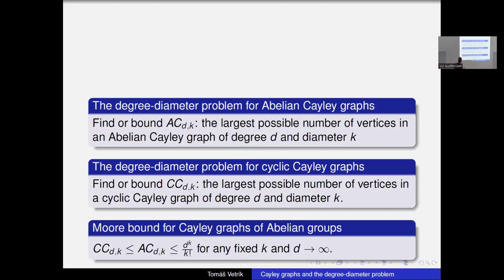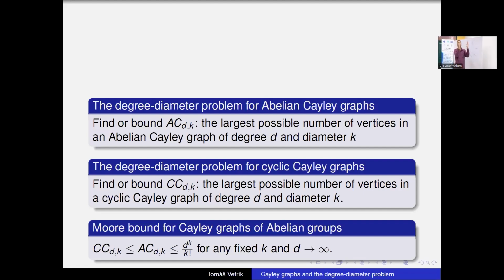There is time. So the next part is the degree diameter problem now for specific Cayley graphs, not general Cayley graphs, but for Cayley graphs which are coming from abelian or cyclic groups. So a similarly defined problem. The advantage of this research problem is that it's studied in many directions.